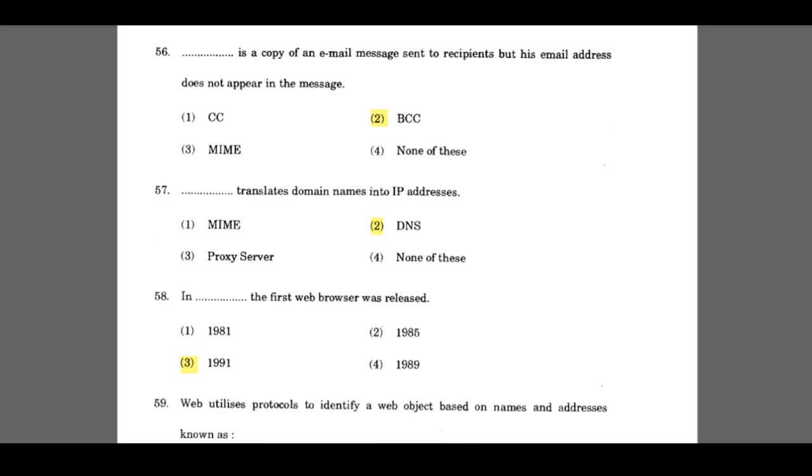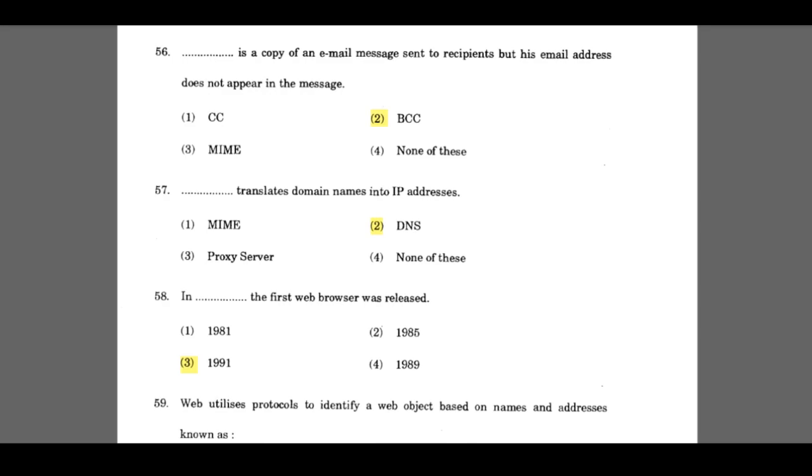57. Dash translates domain names into IP address. DNS. 58. In Dash, the first web browser was released. 1991. 59.